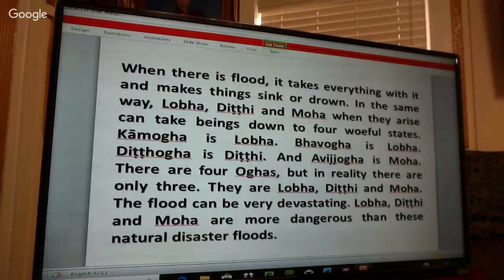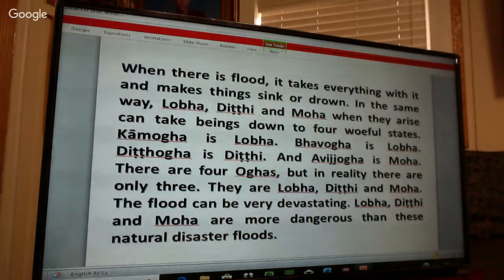Yeah. That's why before practicing meditation, we don't know that kind of ogha and asava. But after practicing meditation, oh yeah, my mind is always flooding with lobha, greed, flooding with wrong view, flooding with ignorance.